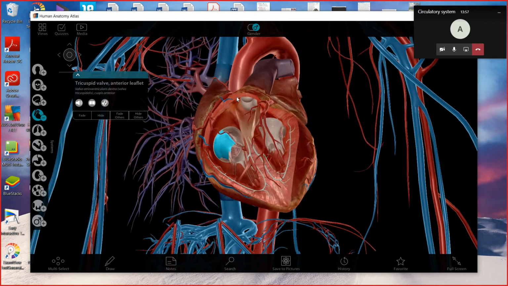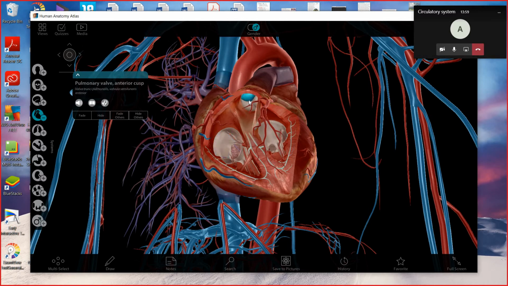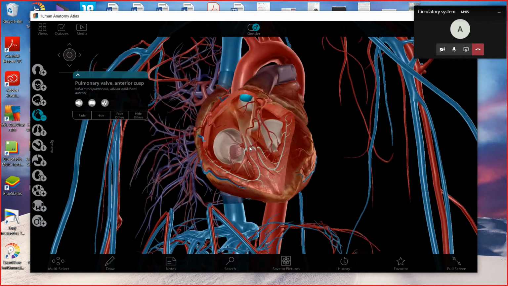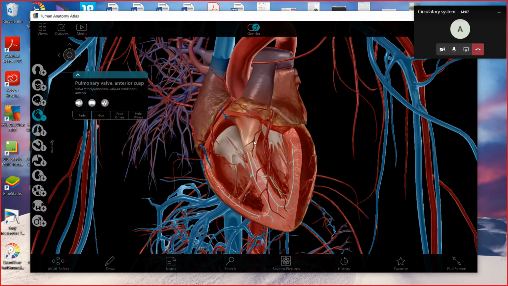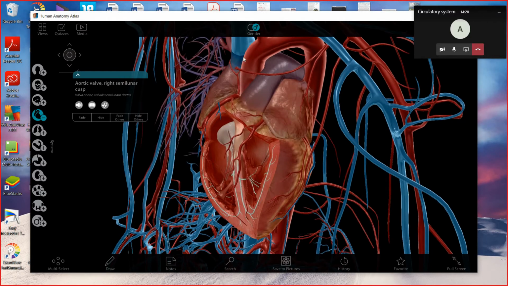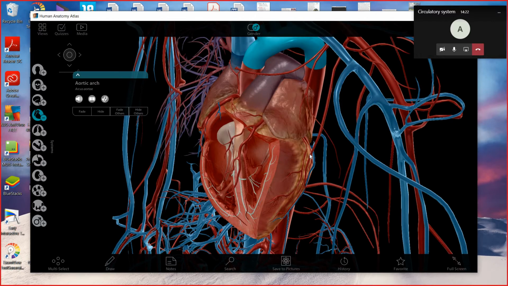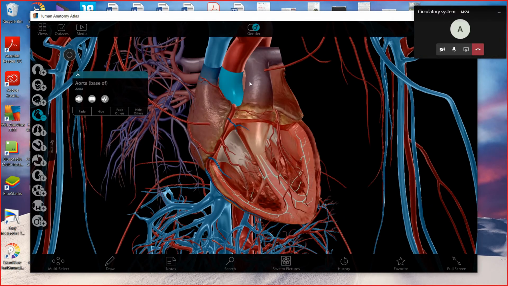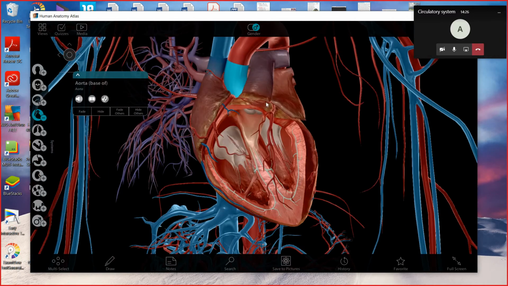Then we have the pulmonary valve, which is found in the pulmonary artery, and the last one is called the aortic valve or semilunar valve, and this is found in the aorta, this big artery or big blood vessel.